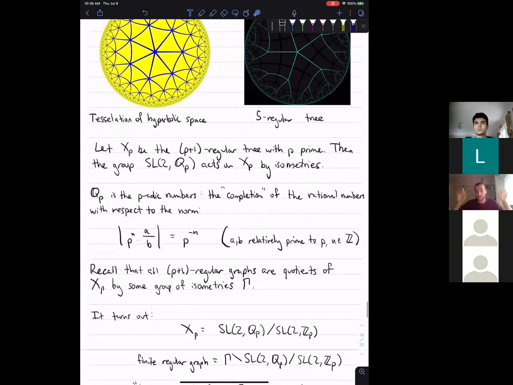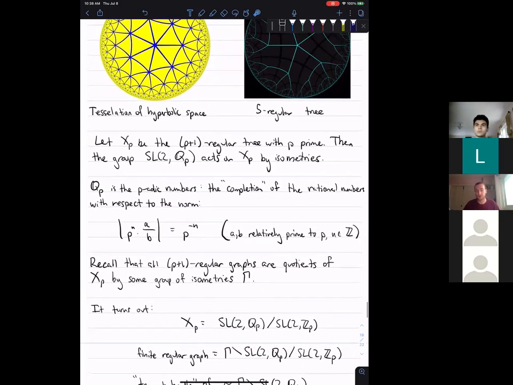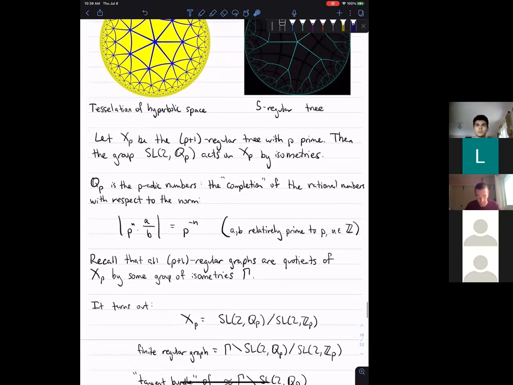On the rational numbers, we have the usual way of measuring distances between numbers, but there are these more exotic ways of measuring distances called the p-adic norms, or p-adic absolute values. Essentially, a rational number is considered small if it's divisible by a large power of p. So this is the formula. You can write any rational number in this way, and then the size of this thing is p to the minus n. So if this n is big, then this quantity is small.